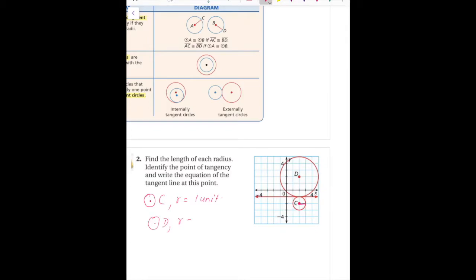And for circle D, the radius r equals 1, 2, 3 units. So that we already did. Next, identify the point of tangency. So this is the point of tangency there.